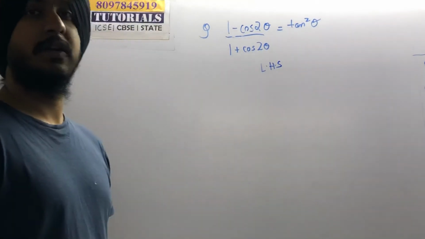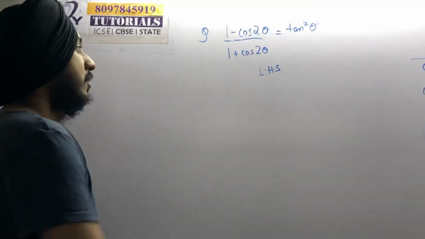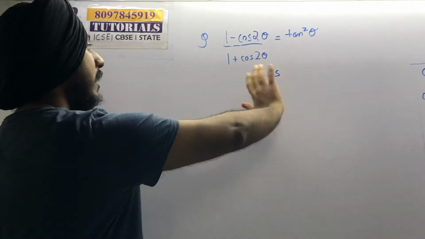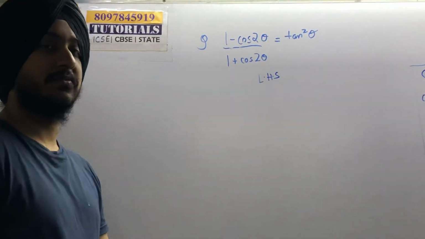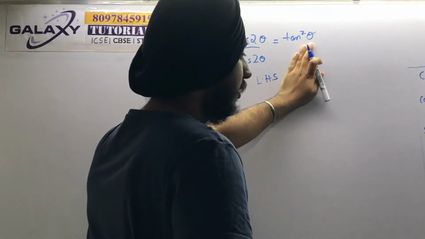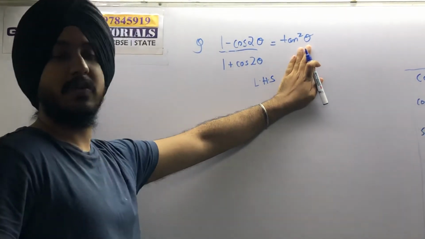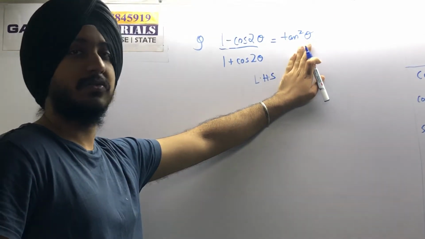We will start from the left hand side because there we have an angle of 2 theta. We will try to convert it into theta, and then somehow into tan. You know that tan theta is sin theta upon cos theta.